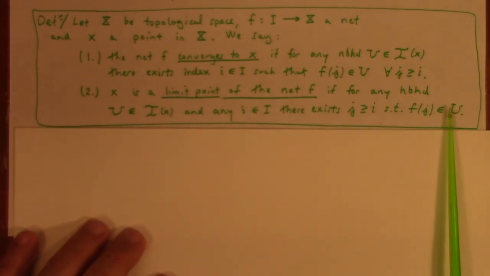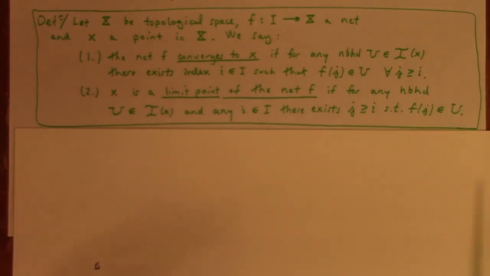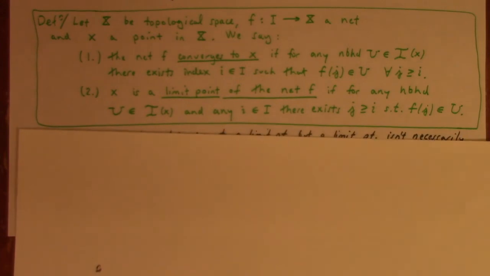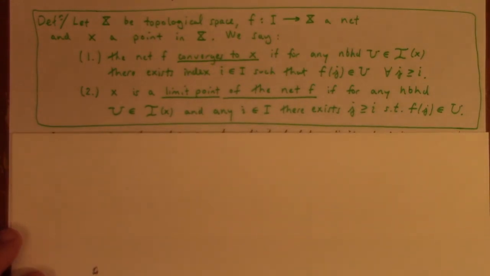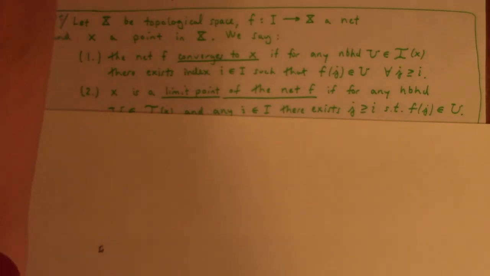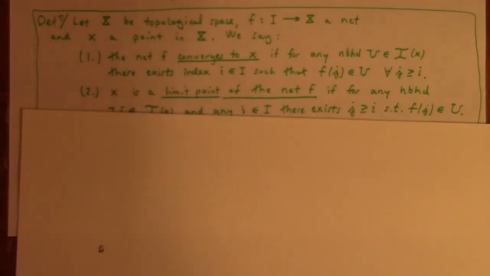I tell you, it's intuitively the same definition as was for sequences, just replacing the concept of integers with the concept of the directed set, and using the neighborhood concept to capture closeness. Because there's no metric space here either, right? Just a second here. Oh, I don't guess there was a metric space in our definition of sequence either, was there? This section on Cauchy's got me all twisted.